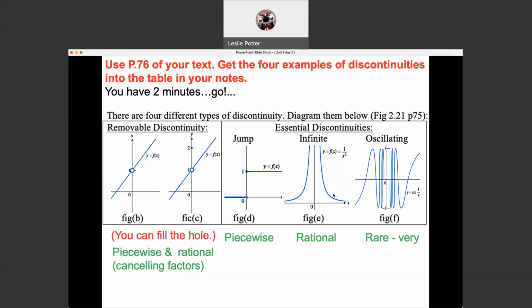For this totally made up function, this is -2. We don't know what the function is here, but somehow in the denominator we have x plus 2. So we have a vertical asymptote at -2, because that's what will make it 0.